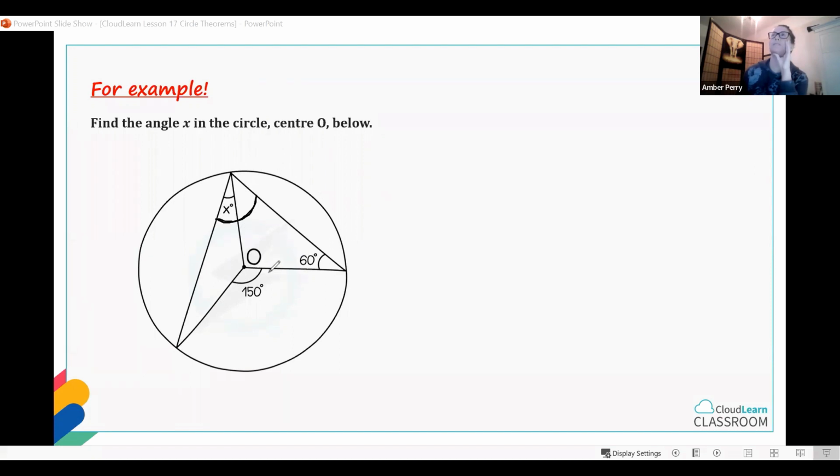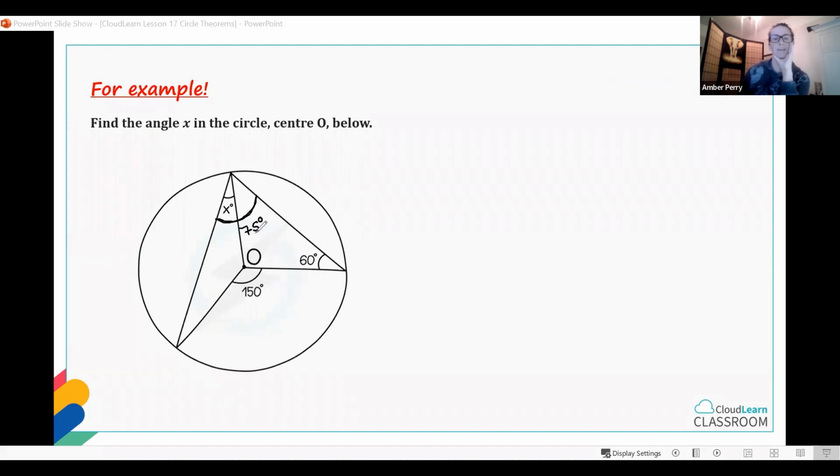You're welcome to use calculators if you want today. Remember, this is twice this. So if the angle at the center is 2 times bigger than the angle at the circumference, try that one again. The angle at the circumference is half of the one at the center. So actually this one should be 75. So what we've got there is that this angle here is going to be half of this angle here.